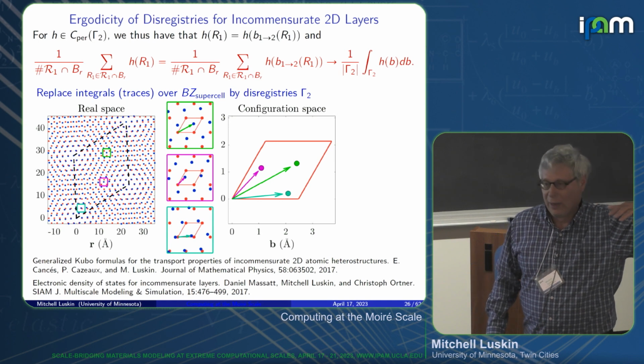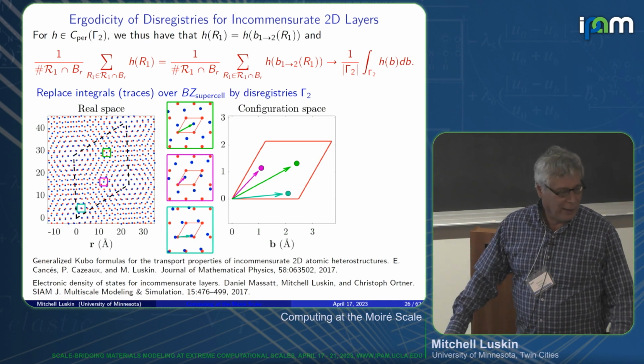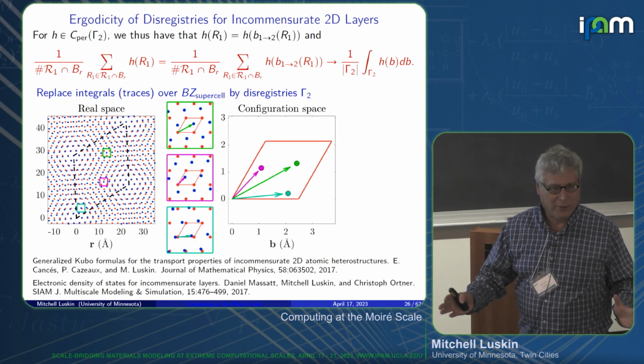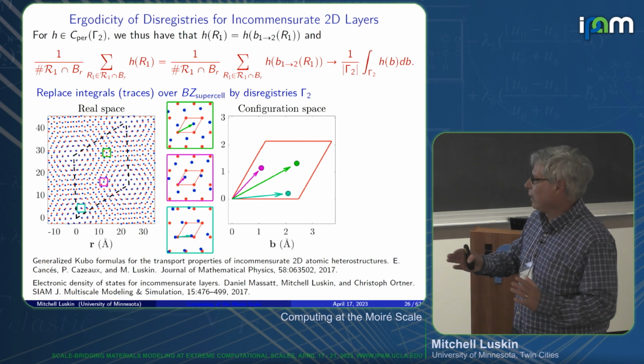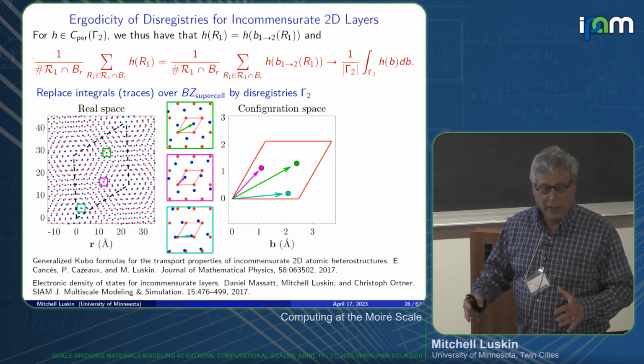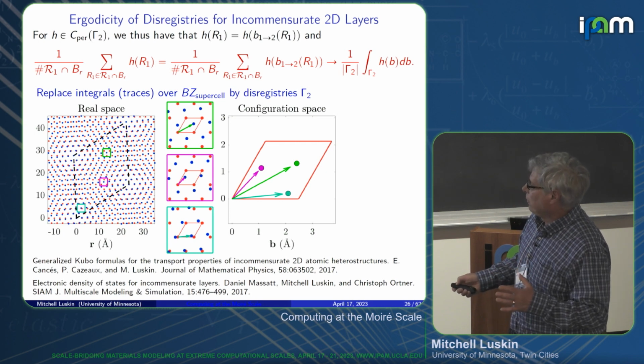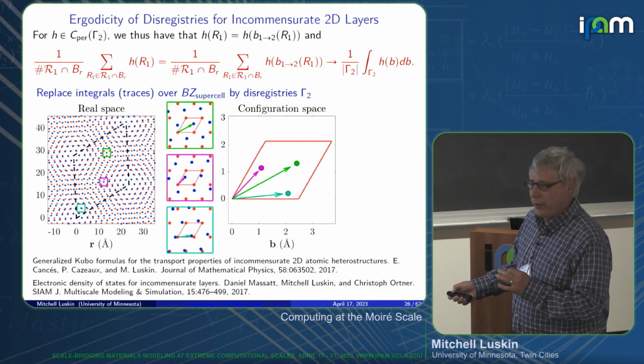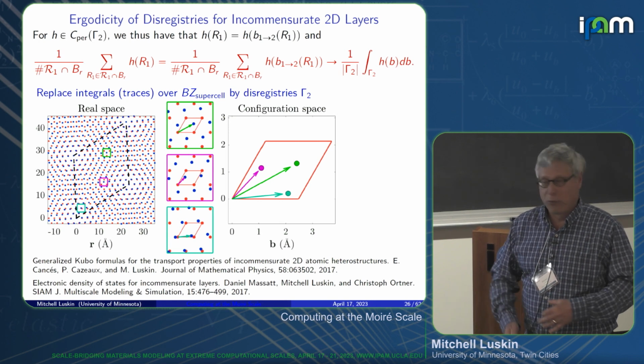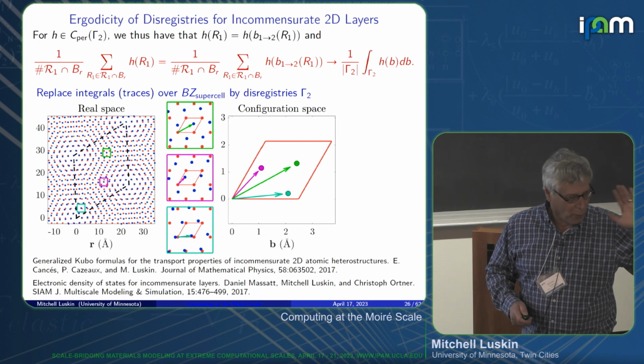So there are no more Bloch functions and all that business. So we developed a whole new theory based on local configuration, and we do our traces. So we can do all the traces with respect to local configuration instead of over real variables or momentum variables.